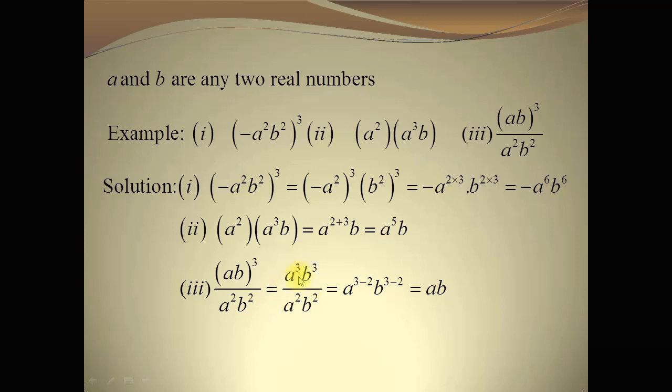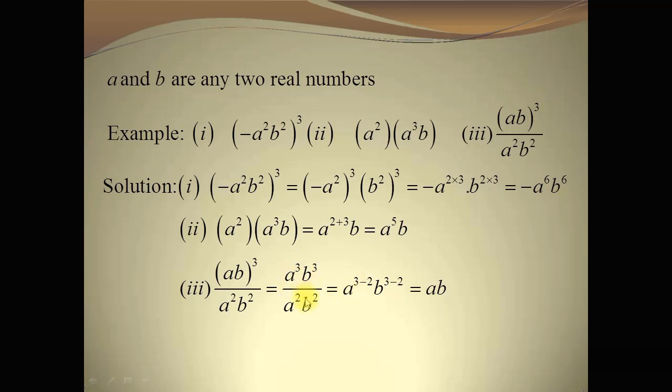Now in this quotient law, since the bases for a cube and a square are same and the exponents are different, the base stays the same and we subtract the powers.